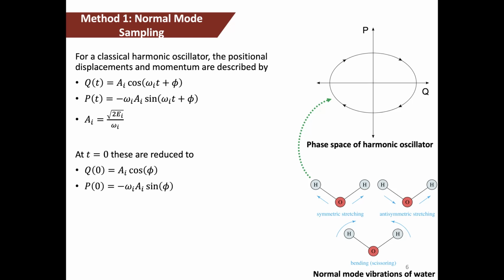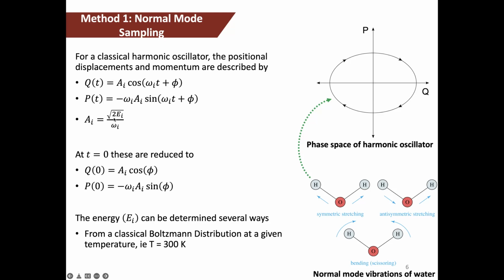At time equals 0, these expressions simplify, where it's just the amplitude times cosine of a phase. The energy for the amplitude can be determined in several ways. You can take it from a Boltzmann distribution, so classically, or you can take it from the standard harmonic oscillator energy expression, where you plug in the quanta of energy you're interested in, and then you can solve for the amplitude.